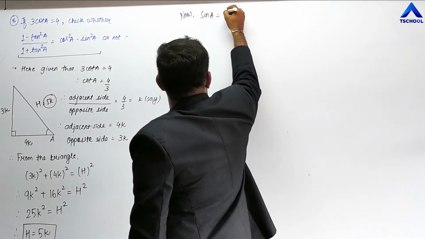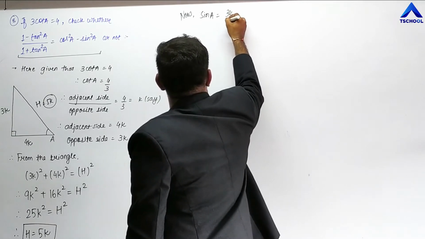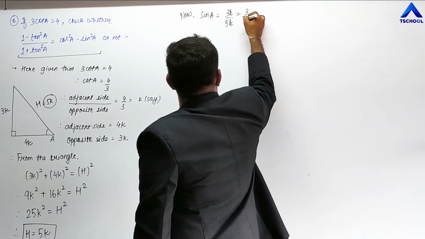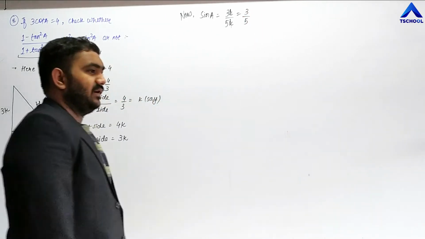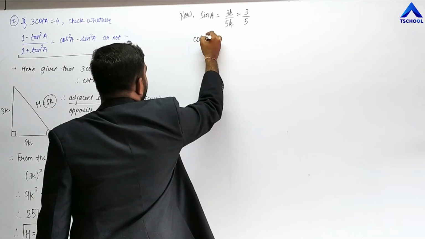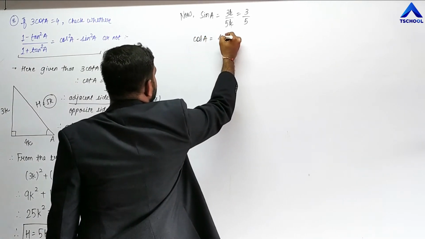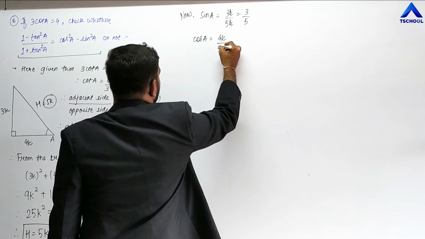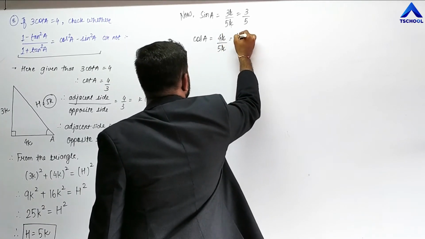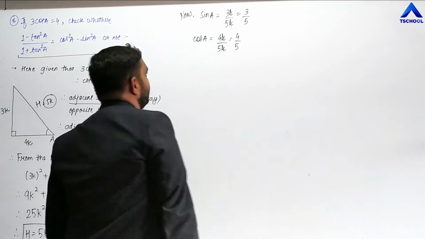So sine A goes for 3k upon 5k, k and k are cancelled, so that is 3 upon 5. We got the value of sine A. Let us find out cos A, that is adjacent side 4k upon hypotenuse, that is 5k, k and k are cancelled and that goes for 4 upon 5.